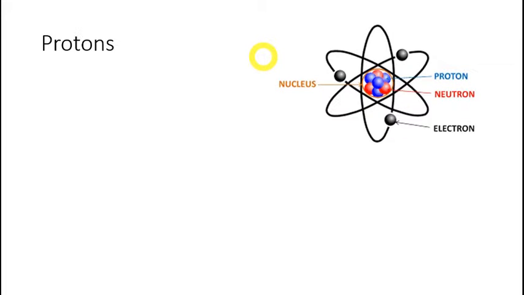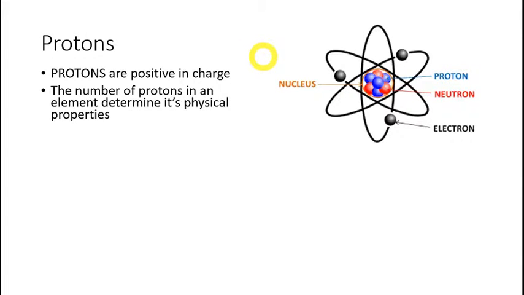The protons, on the other hand, are positive in charge. The number of protons in an element will determine its physical properties. So in copper's case, we have so many protons in that nucleus, and because we have that quantity of protons in that nucleus, that makes it a copper atom, and we're going to look into that a little bit more.